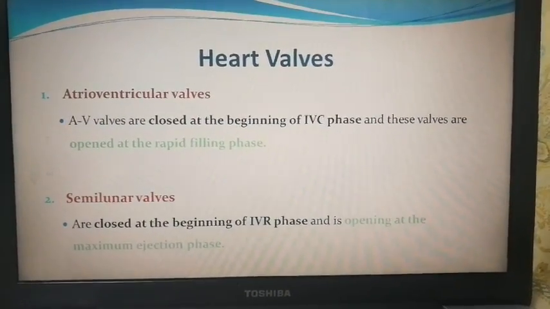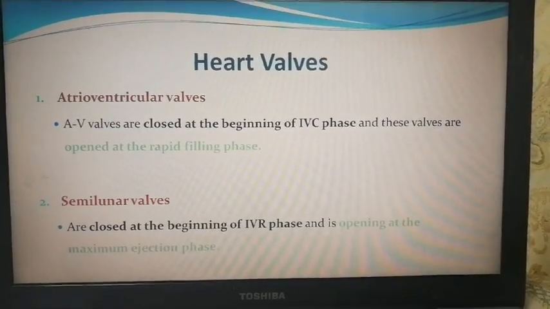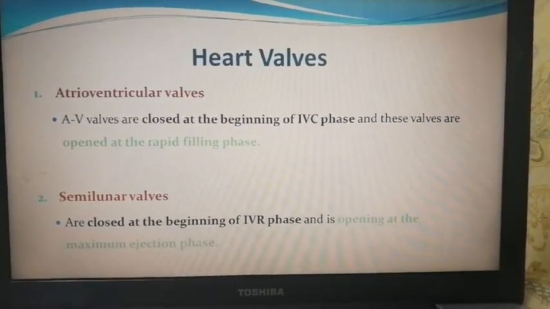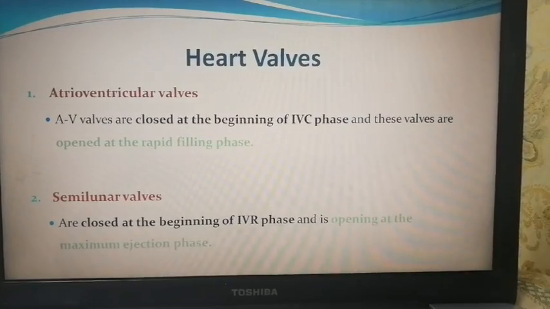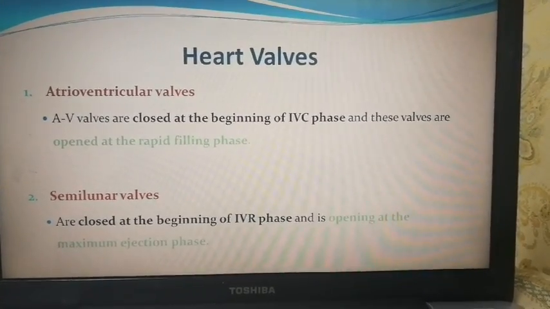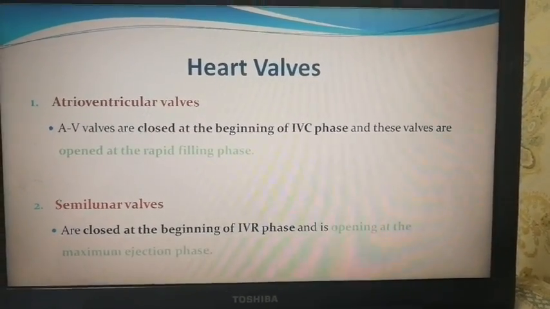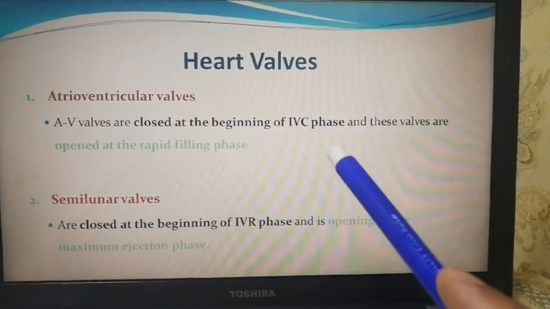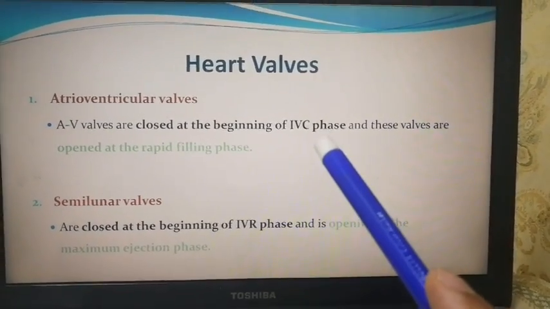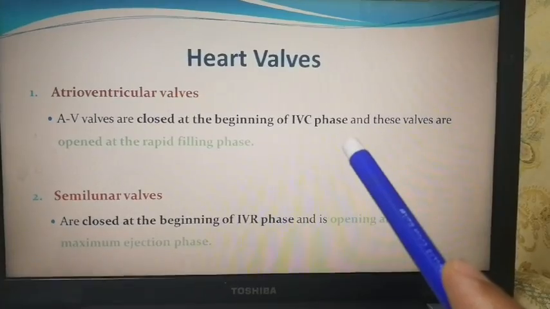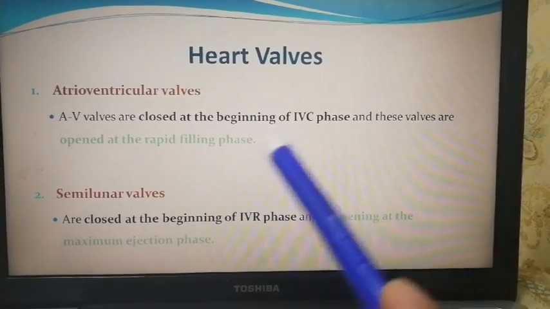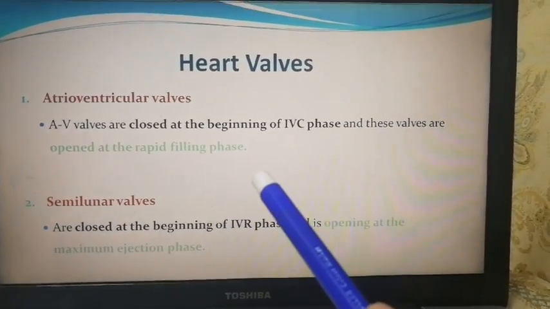You can see here the heart valves, AV valves and semilunar valves. You have seen in the previous picture that AV valves close at the beginning of isovolumetric contraction, and these valves open at the rapid filling phase.